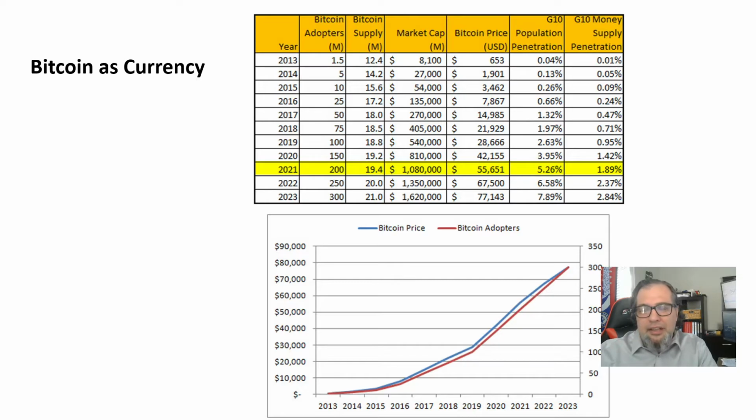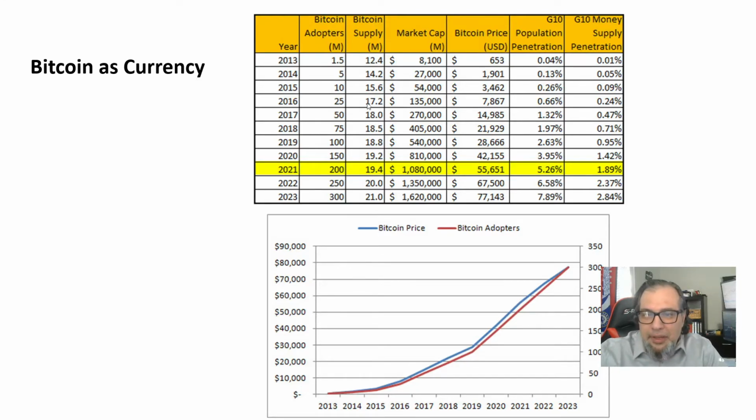And then basically I'm looking, okay, what if Bitcoin is used by 1% of the people, 2% of the people, 5% of the people, right? What its price is going to be. So I increase the penetration over time.